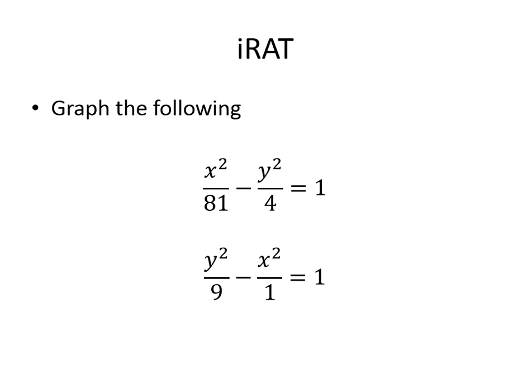Make sure they're done professionally, looking nice. Don't just scribble and say, "Oh, look, I'm done." No, try to do the box method. Make sure your asymptotes are correct, and then go from there. Okay, so that's your IRAT for hyperbola.